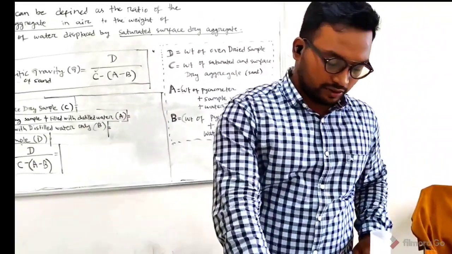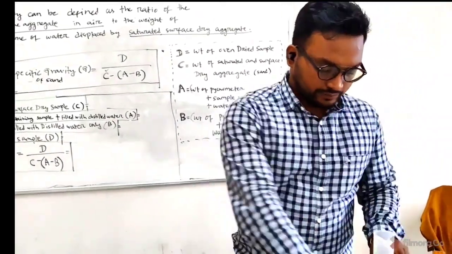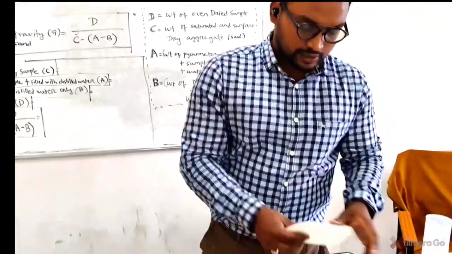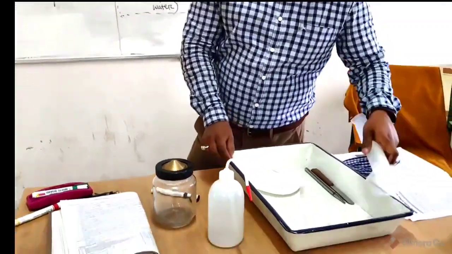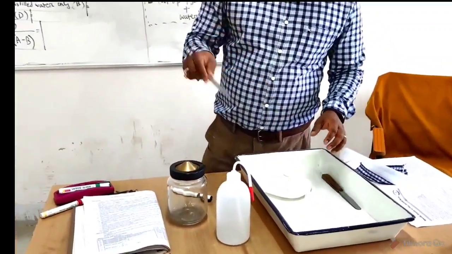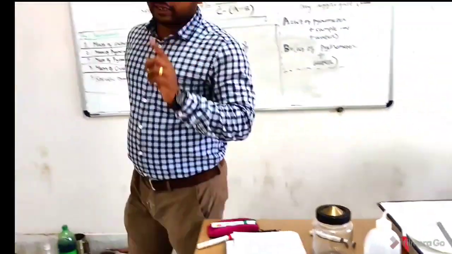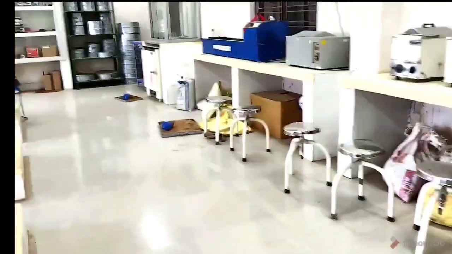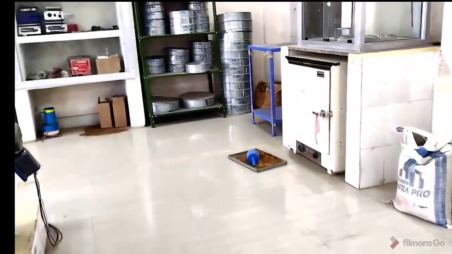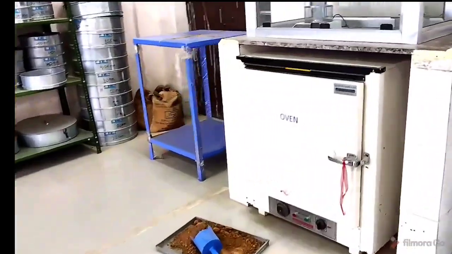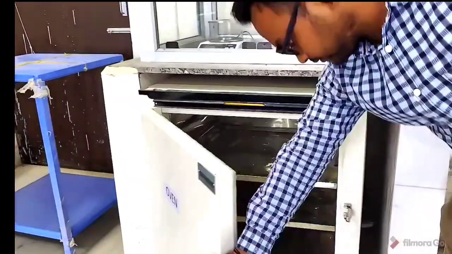You take distilled water, funnel, measuring flask, filter paper, another tray, a stirrer, and another thing is an oven for drying of the soil or sand. You will need an oven. Here it is, an oven. Okay.